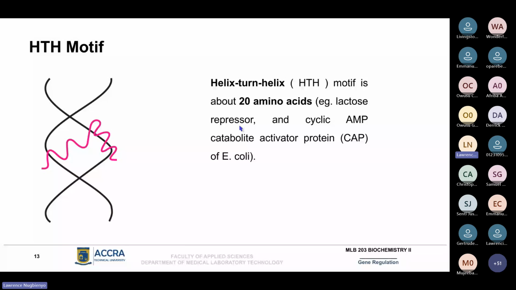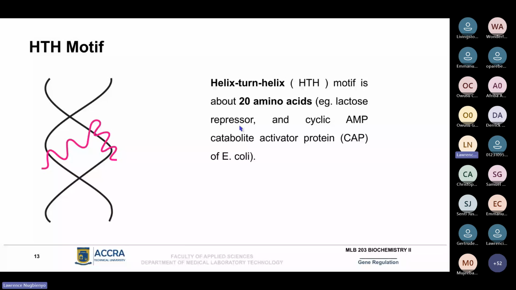So that repressor is a protein. And that repressor now interacts with the operator region of the lac operon, preventing it from getting expressed. So that is an interaction between a protein and a nucleic acid.